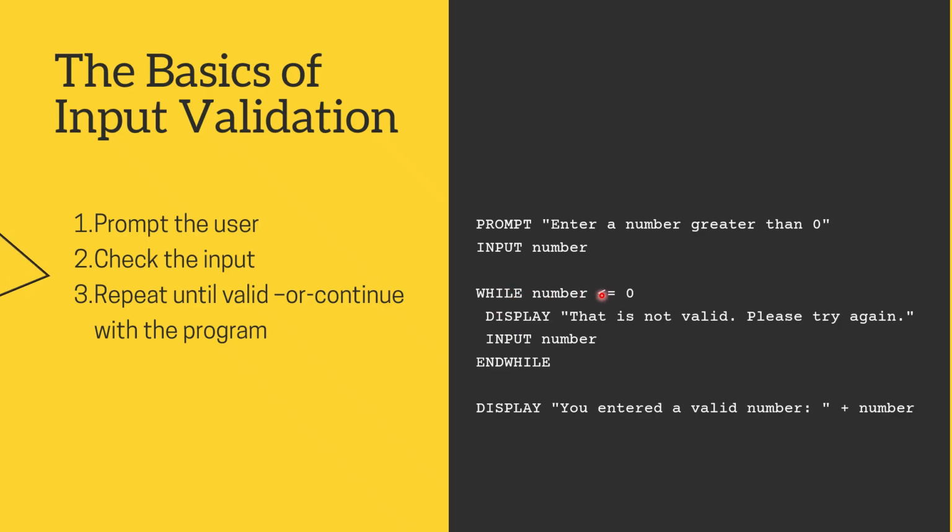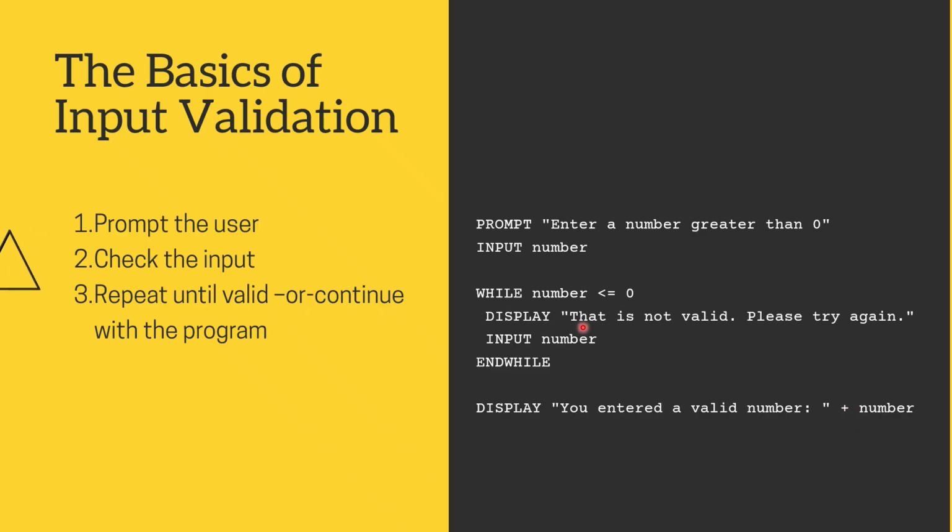While the number is less than or equal to 0, which doesn't meet our criteria, we display that is not valid, please try again, and then they input the number again. This keeps repeating until this is no longer true. When it is no longer true, they exit the while. So end while, and then it displays you entered a valid number, and then whatever that number is.